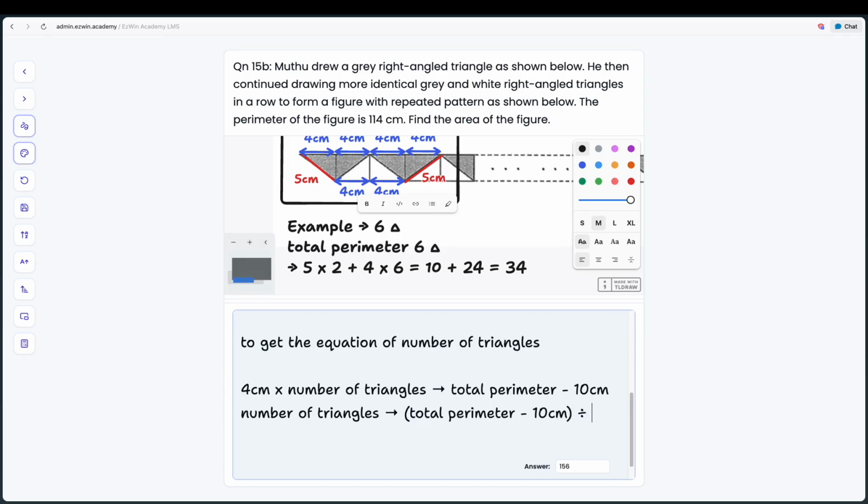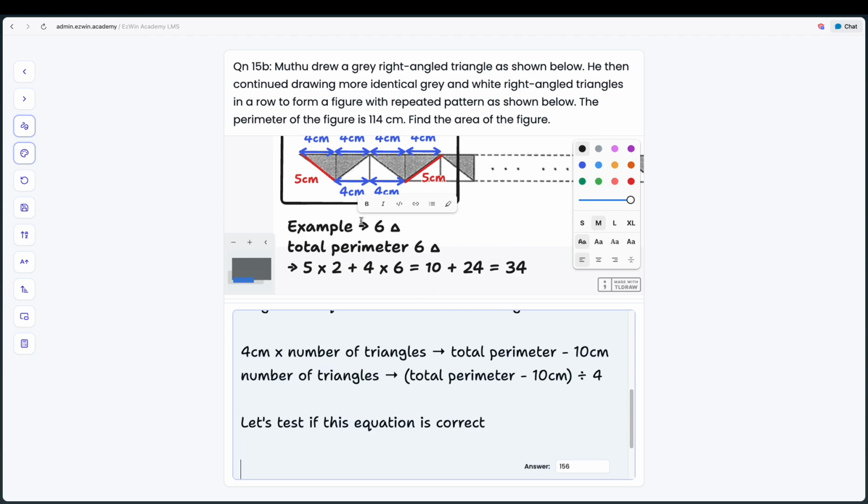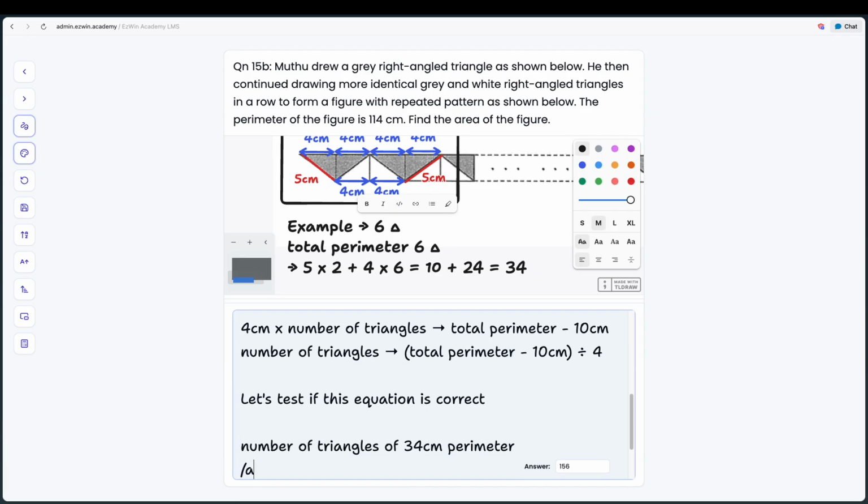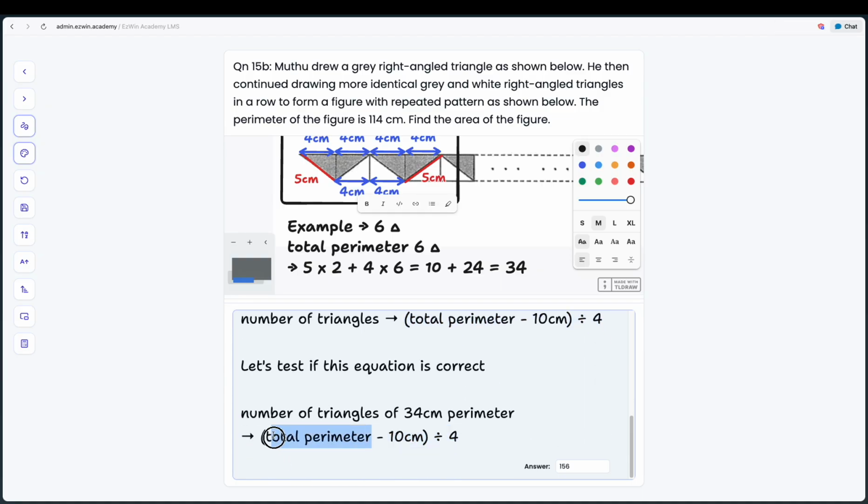Okay, so let's test if this equation is correct. We know that the number of triangles is 6, so for a perimeter of 34 centimeters, the number of triangles is equal to the total perimeter minus 10 centimeters, divided by 4. So we have total perimeter 34, minus 10, divided by 4. This gives us 24 divided by 4, which is equal to 6 triangles.